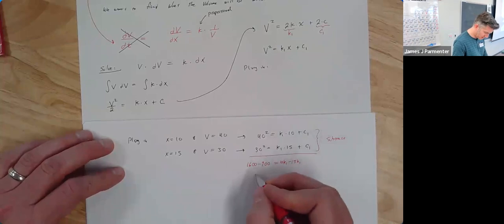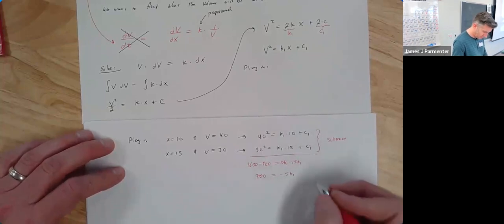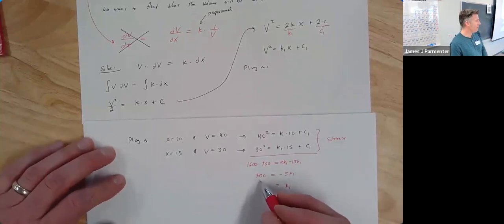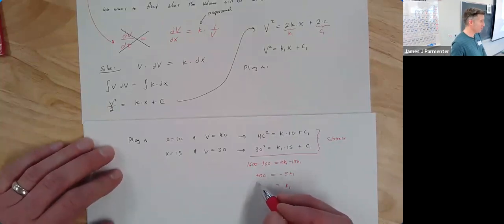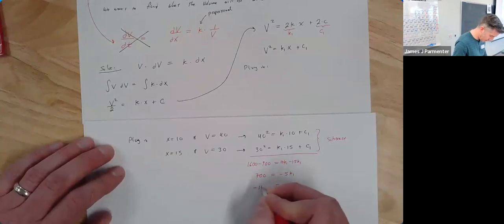So I end up getting 700 equal to negative 5K1, or K1 equal to, dividing by 5 is never my favorite, but dividing by 10 and multiplying by 2 is really easy. 700 divided by 10 is 70, and times 2 is 140. So it's going to be a negative 140.